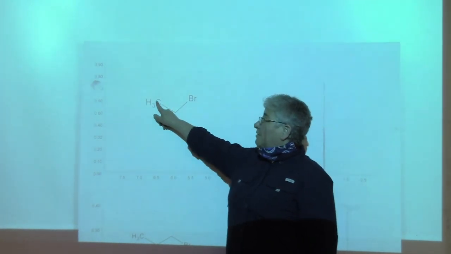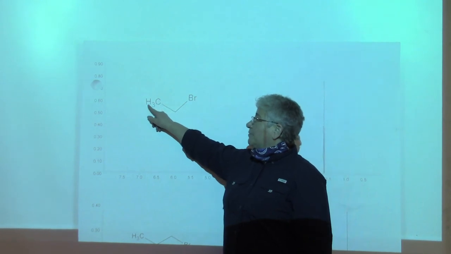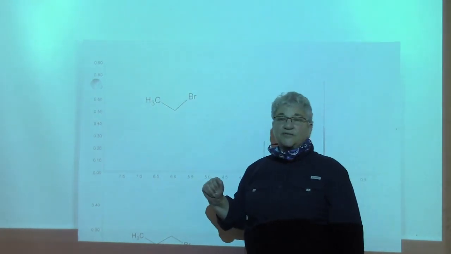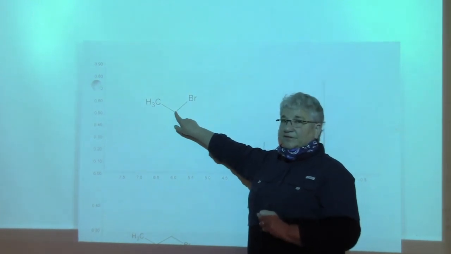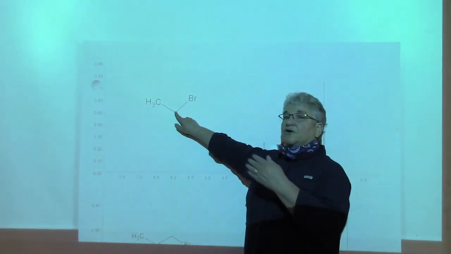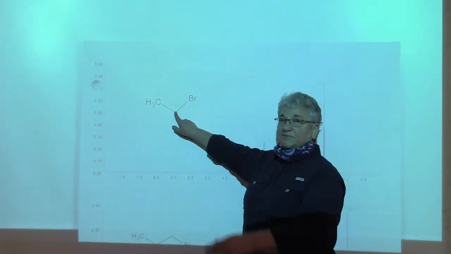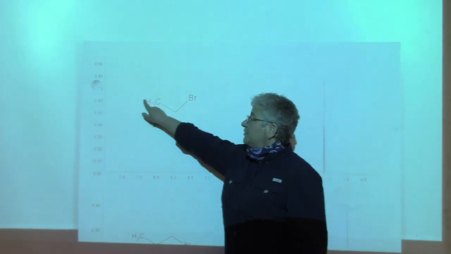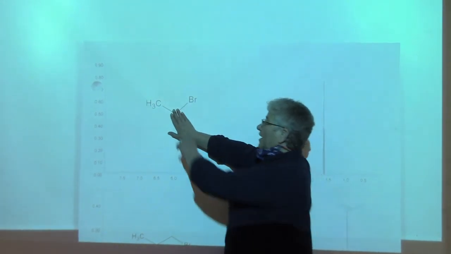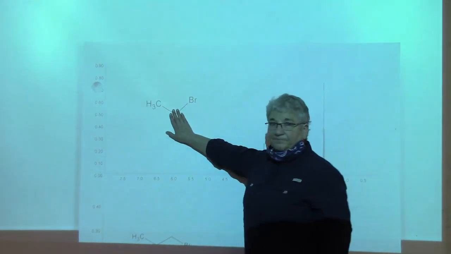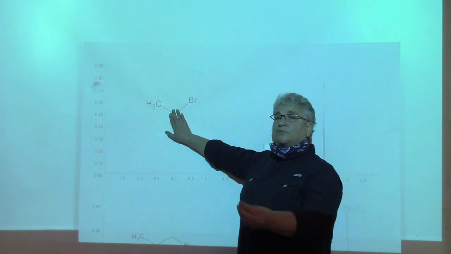But here, obviously I have a carbon. This carbon has 3 hydrogens on it. So, if I'm these hydrogens, the number of equivalent neighbors that I have is 3.